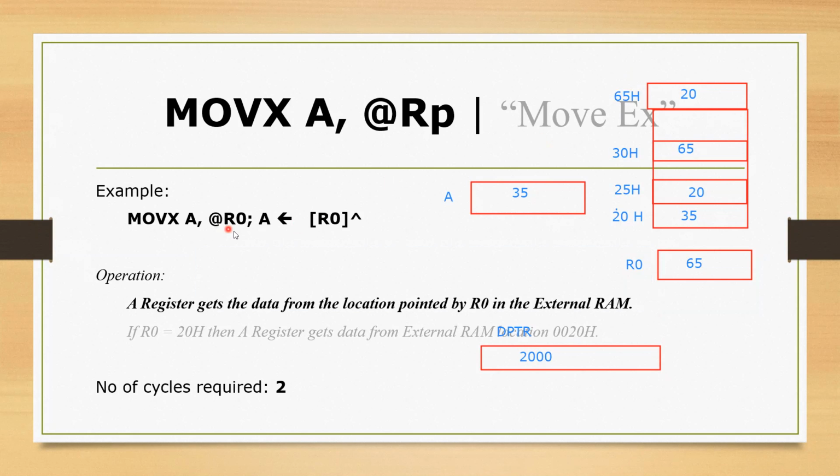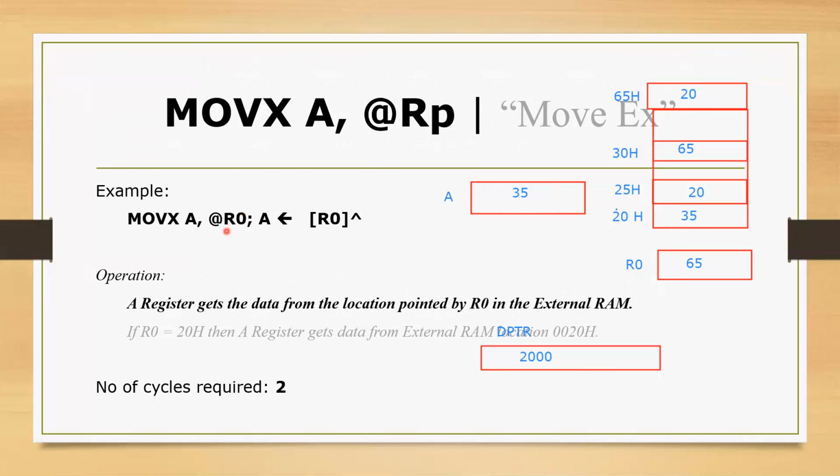So here A comma @R0, where @R0 is the pointer. To point, we use only the R0 and R1 registers as register pointers. So this is the location that is pointed to. Only the indirect addressing mode is used for data transfer in external RAM.